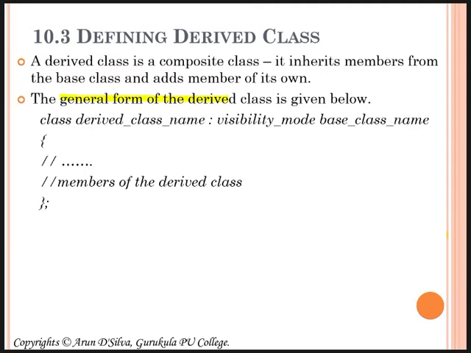When you declare a class, you can indicate what class it derives from by writing a colon after the class name, then the type of derivation and the class from which it derives. Here it is: class, then the derived class name, then colon, then visibility mode, then base class name, and then the class body.